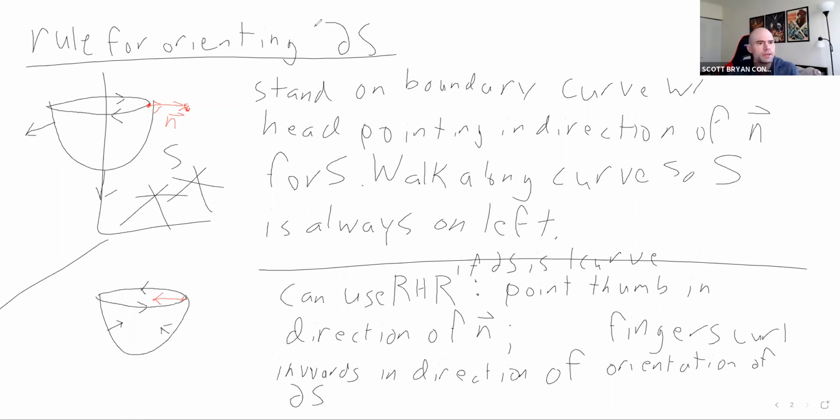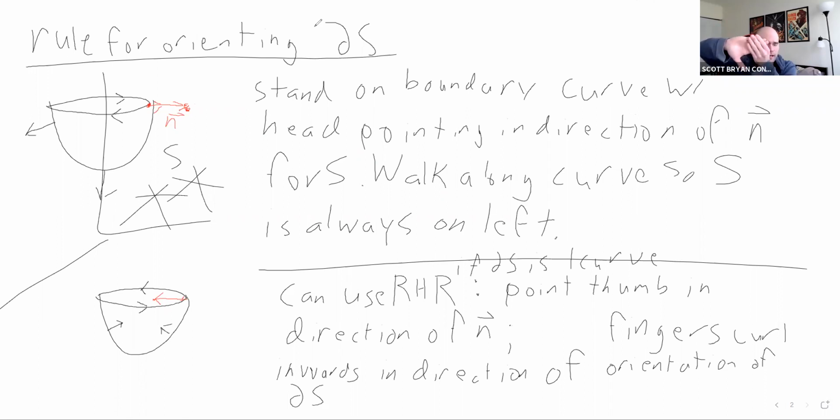For the right-hand rule, this really only works if you have one boundary curve, but your unit normal is in general going to point in the negative z direction or positive z direction. In general, this is sort of the downward pointing normal for this surface. So point my thumb in the downward direction.